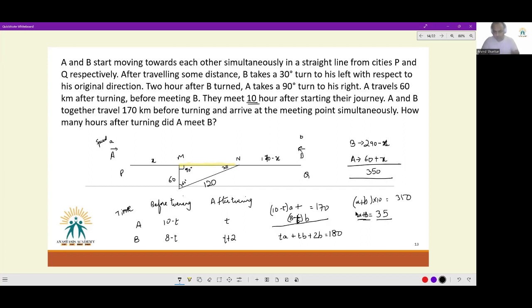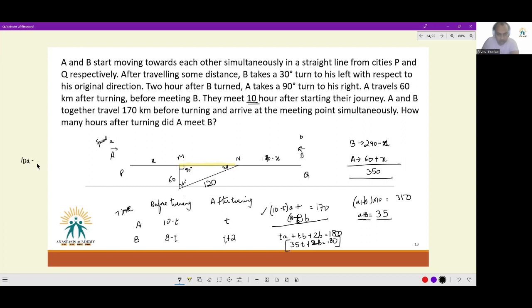I have these three equations available. I can turn this equation into 35T plus 2B is equal to 180. Simply replaced A plus B with 35.